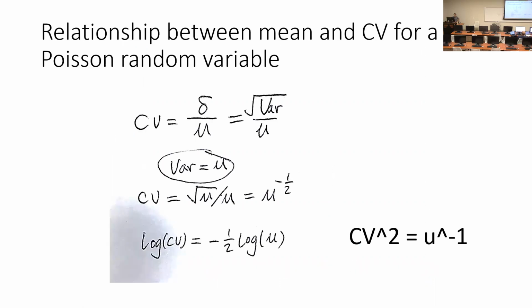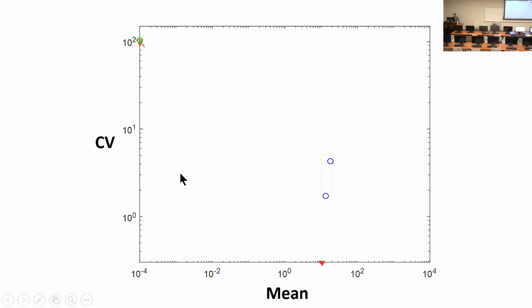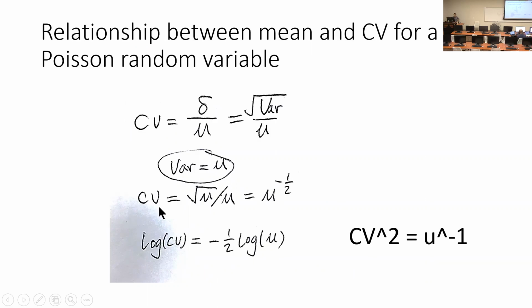By the way, this is a slide from a previous PowerPoint. It tells you that if the gene expression follows a Poisson distribution, you should have a linear relationship in the log scale, with a slope of negative 0.5.